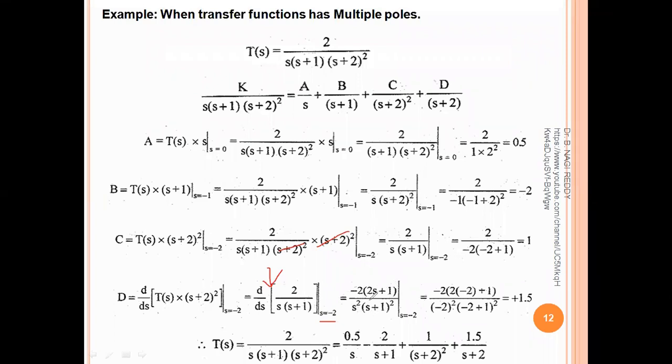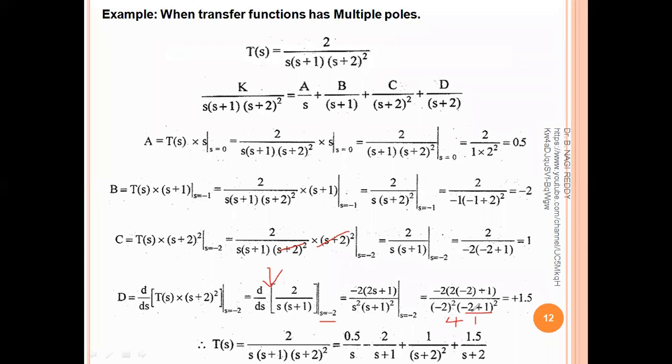Now you can substitute s as -2 in this equation. So if you substitute -2 here, so 2 into -2 plus 1 by, here it is s square, that means -2 whole square. Here -2 plus 1, which is -1 whole square. So if we simplify it, here we will get 1. Here we will get 4, because this is 2 square. Minus square will be plus.